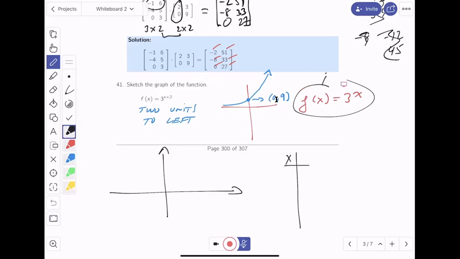By the way, this is parent. This is child. X, and this is going to be 3 to the x plus 2. So if I chose minus 2, what do I get over there? 3 to the 0, which would be 1.